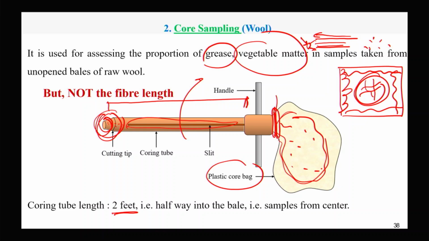That type of malpractice can be avoided by coring. Otherwise, without core sampling, you can at most take a sample from the side, and that will give you a wrong result.